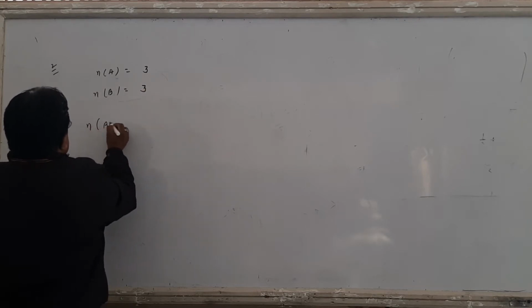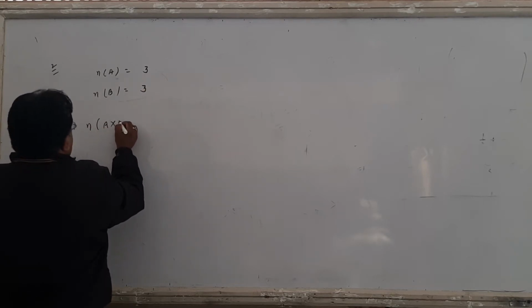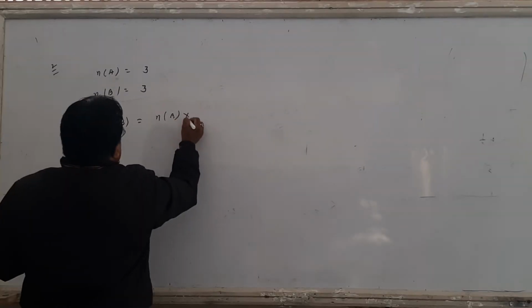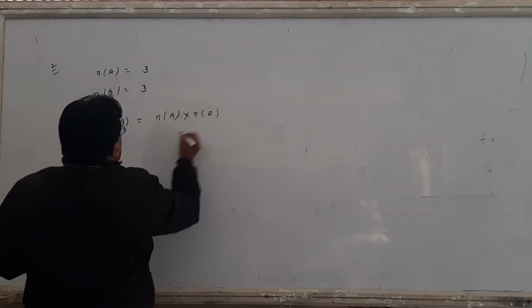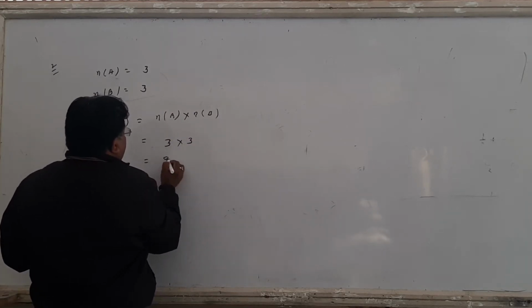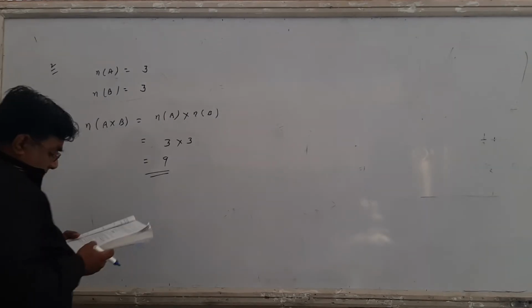Now find the number of elements in A cross B. The formula is number of A into number of B. Number of A is 3, number of B is also 3, so there are 9 elements. This is the answer.